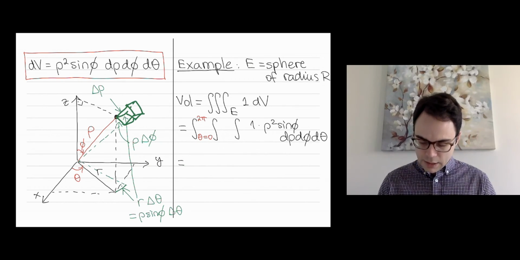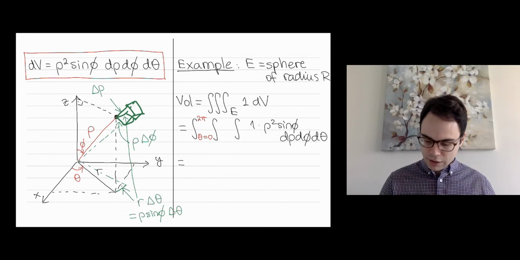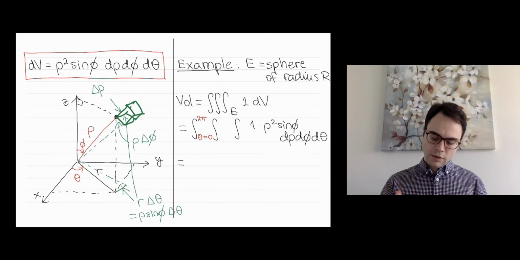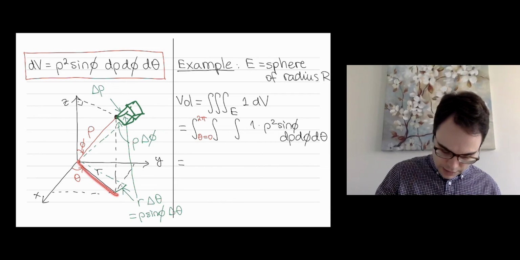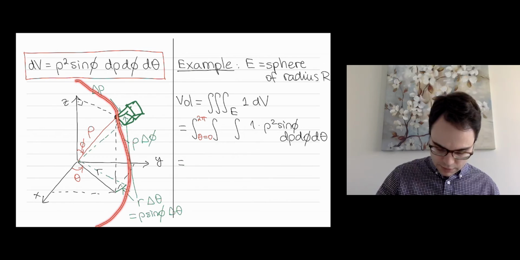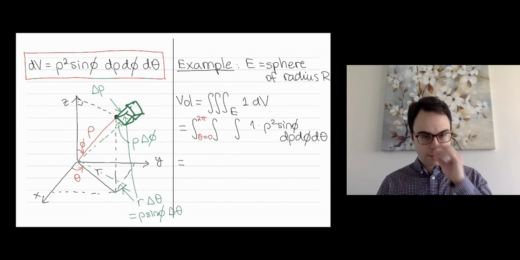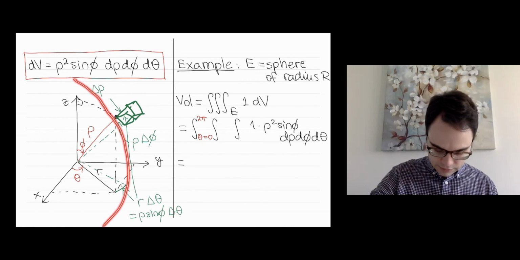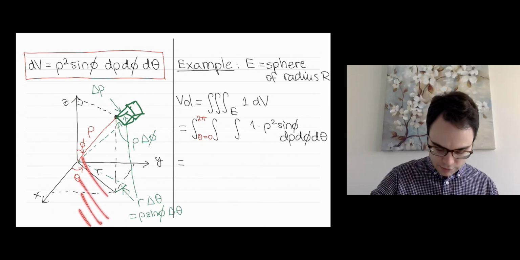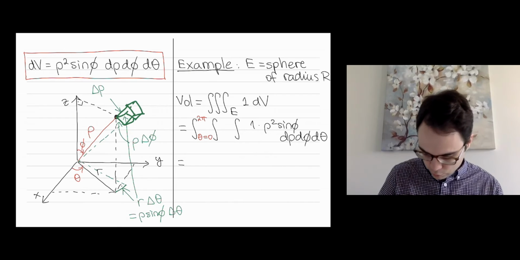All right. Now, even if I fix a value of theta, the theta slice is going to be a half disk of the sphere, right? If I cut my sphere with a half plane with angle theta, the result will be a half disk like this. And to cover this half disk, I need all possible values of phi.